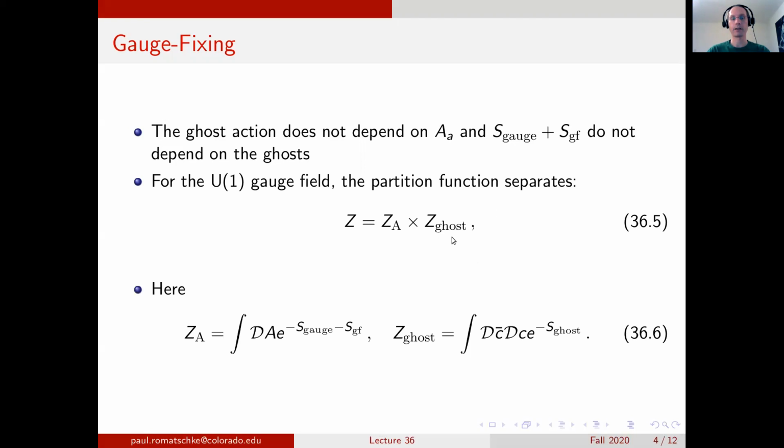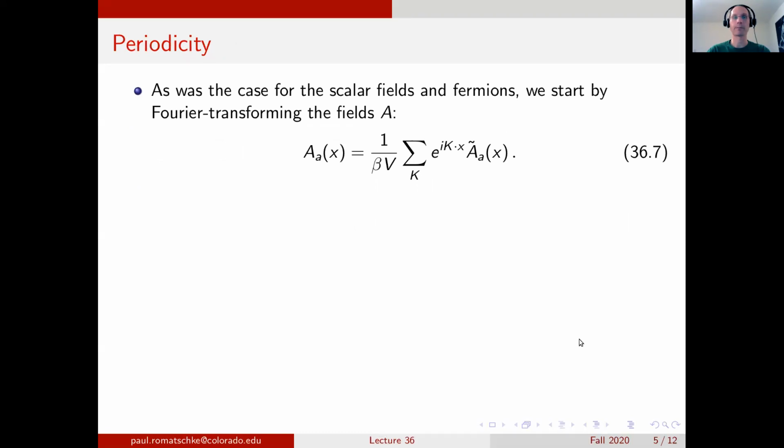To be explicit, the part Z_A is the path integral over the gauge field A times this piece here, and the ghost part is the path integral of e to the minus the ghost action that we just had on the previous slide.